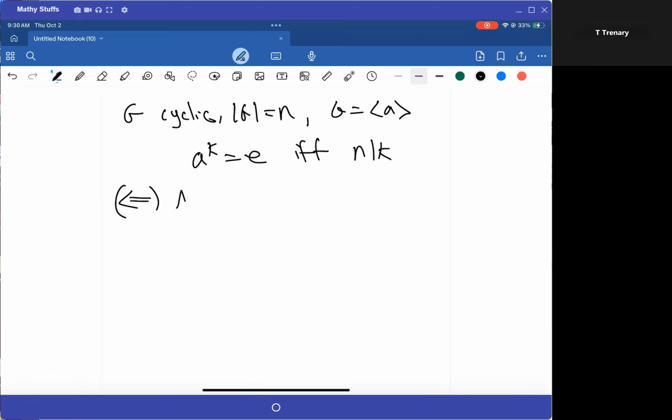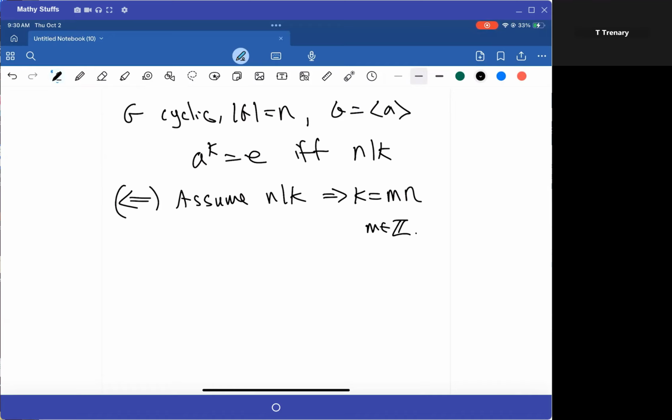In other words, I'm going to assume that n divides K and show that A to the K equals E must follow. So if I assume n divides K, that means that K is equal to M times N for some integer M.